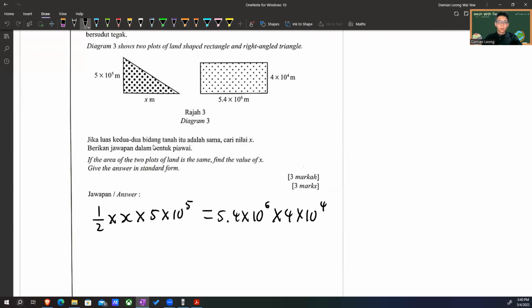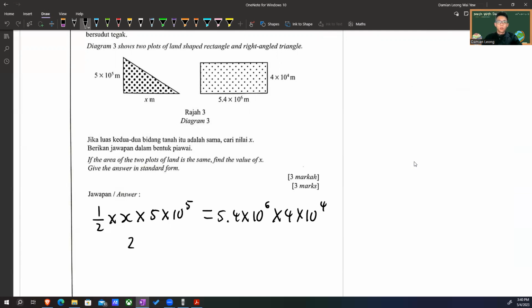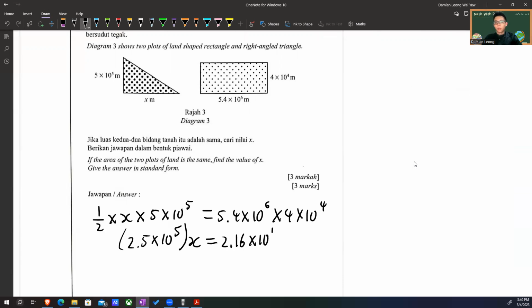Just calculate. So half times 5 times 10 to the power 5. Let's put in mixed number. Shift 1, 2, 3, 4, 5. 2.5 times 10 to the power 5 x. This one, 5.4 times 10 to the power 6 times 4 times 10 to the power 4, it is 2.16 times 10 to the power 11.